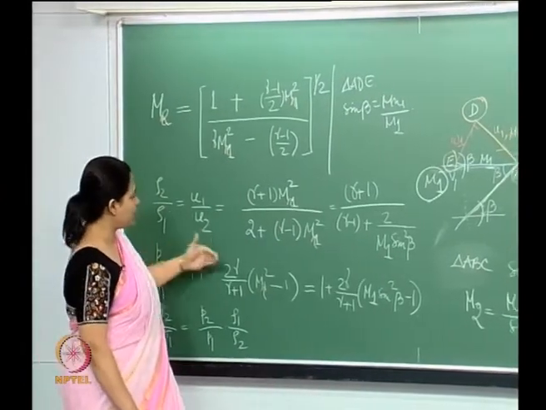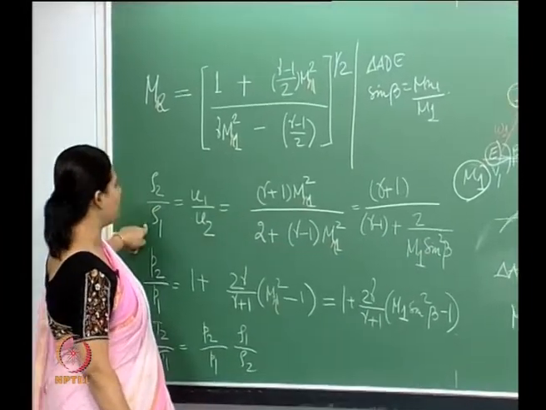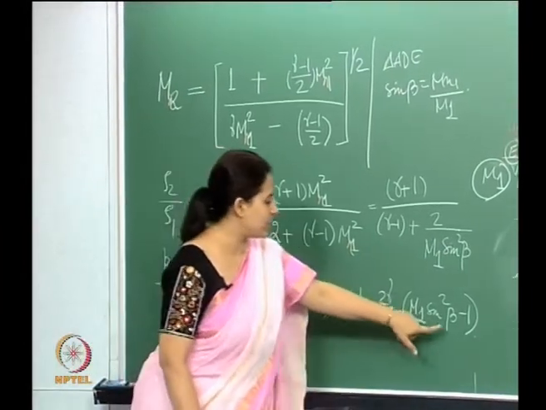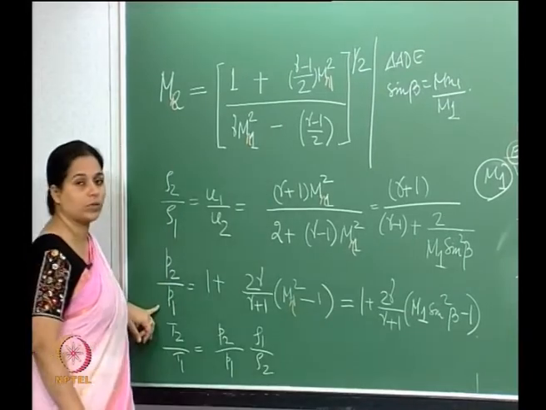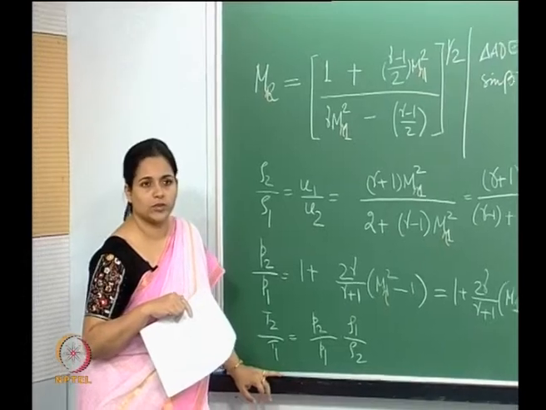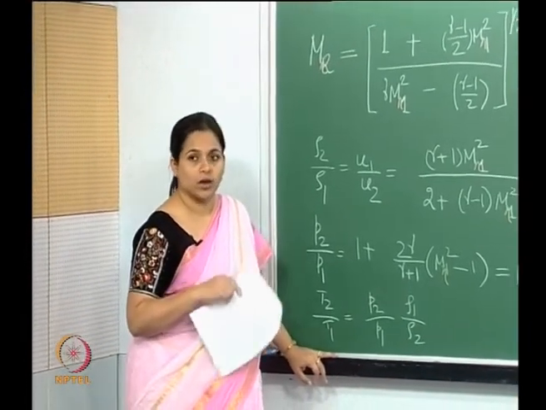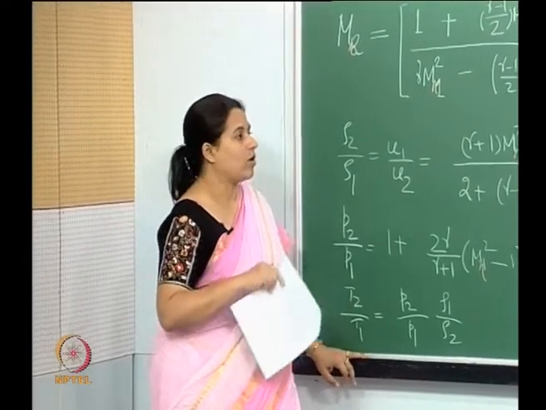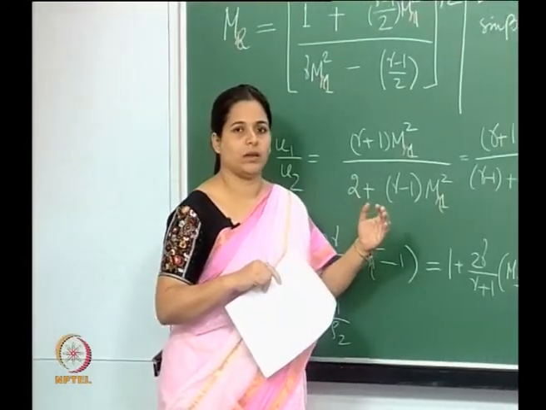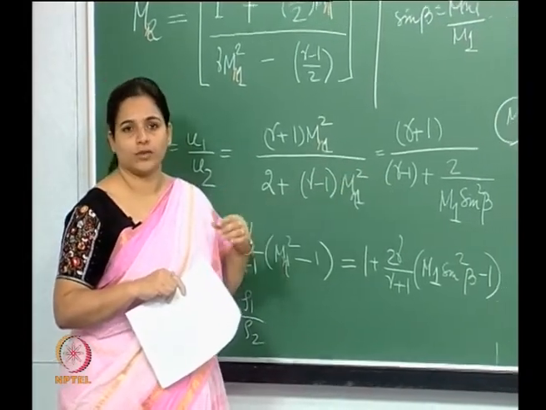But just to think about it, if we increase beta over here, what happens to rho 2 by rho 1? If we increase beta, what happens to P2 over P1? And what does that tell us about the nature of the shock? Is the shock becoming stronger, or is the shock becoming weaker if we increase the shock wave angle?